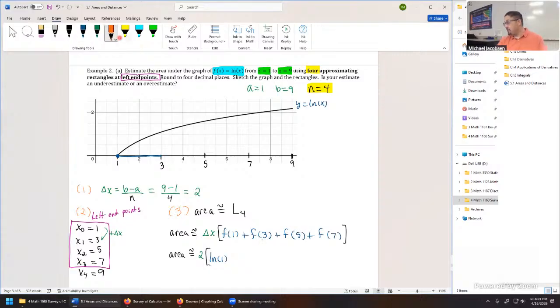But then when we go on to the next term, it's not as bad on every single term. We do plus f of 3, which means natural log 3. And that just means natural log 3 is the height of the next rectangle. So draw a line that stops here. The height of that is natural log 3. It's a rectangle that goes from 3 to 5 because the width has to be 2.